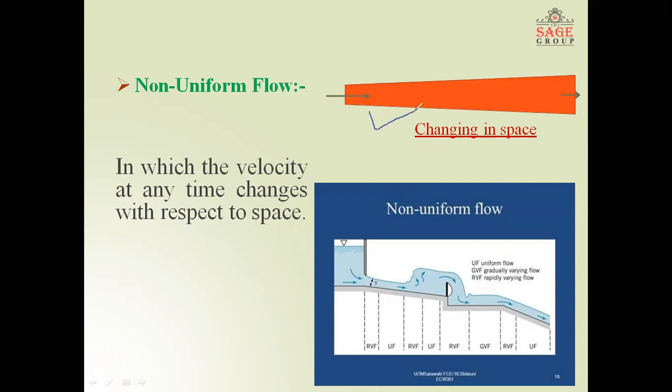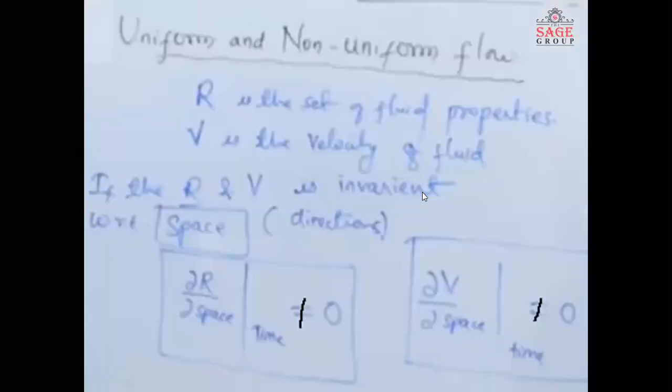If we have a section where the velocity is lower compared to another section, we can say it is non-uniform flow. Mathematically, we can write del R upon del space at a given time interval may change.